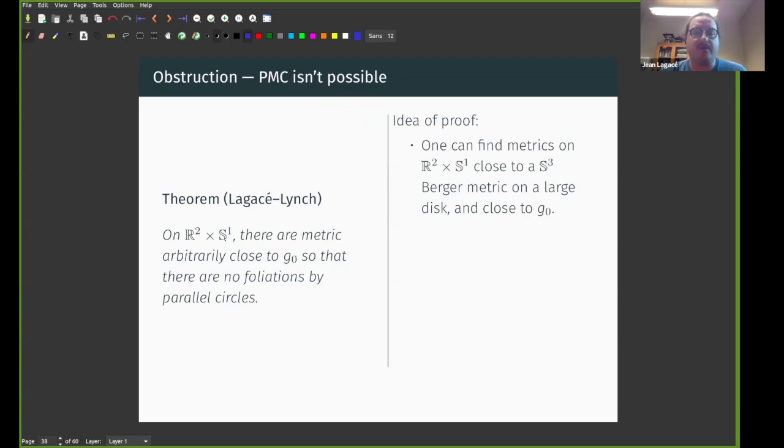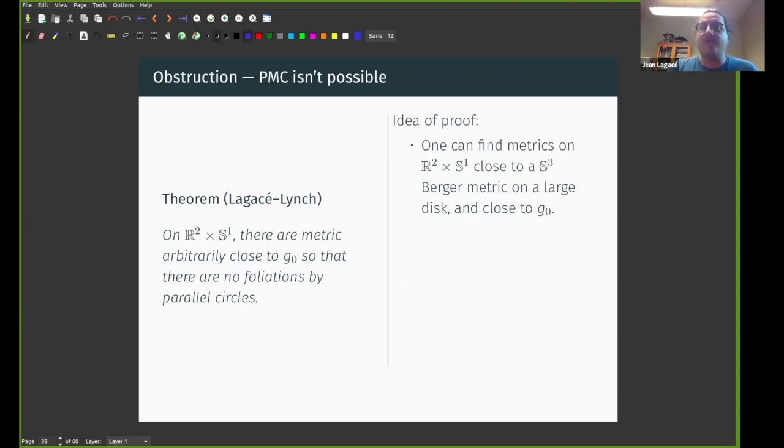And the idea of the proof is that you take a Berger metric on S3, which is a metric built from the Hopf fibration, where some of the circle fibers will shrink down to a point in that metric.